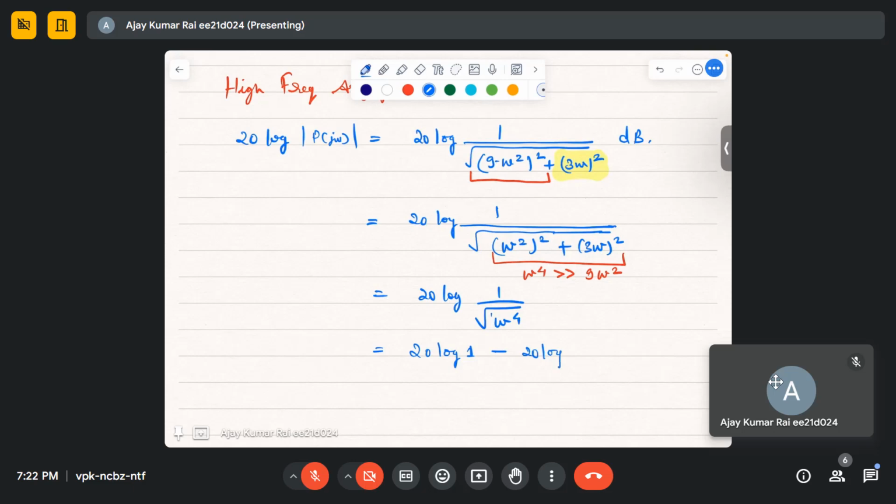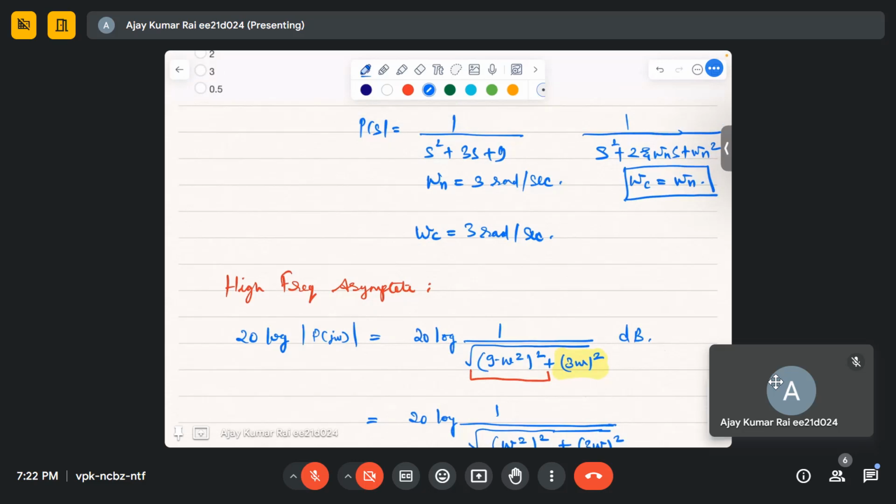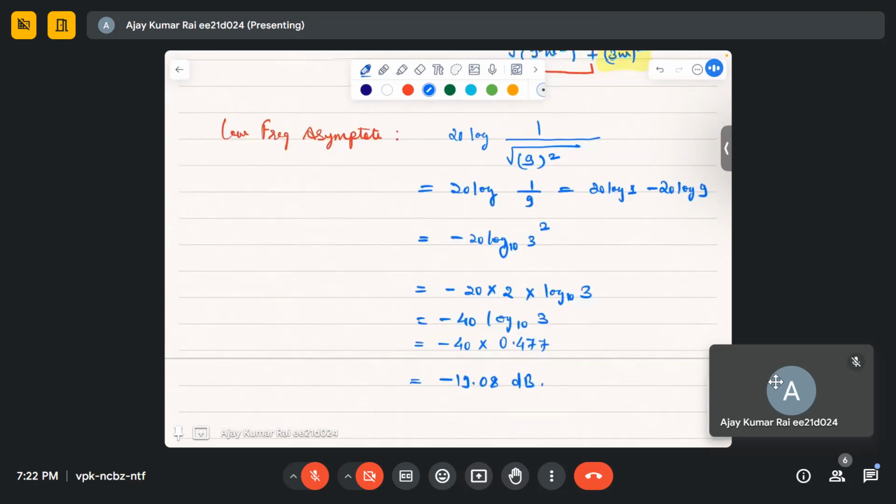20 log of omega square. So this is equal to 0, and I'm left with 20 into, I can take this to here, log of omega, minus 40 log of omega. So what is the low frequency?